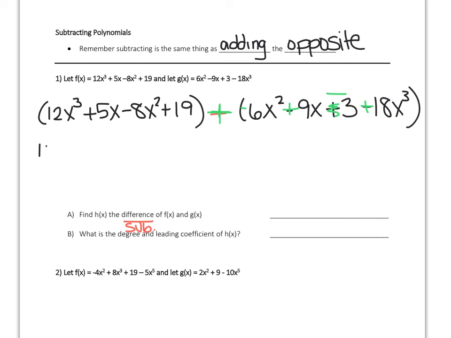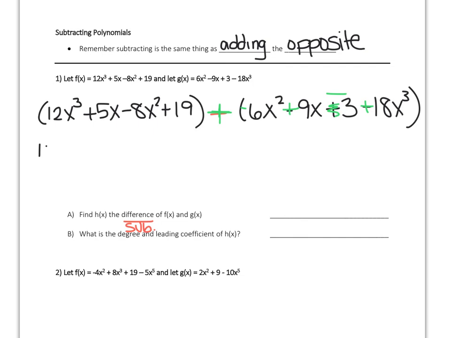And then last but not least is 19, which is the numbers, constants, 19 plus a negative 3, or in other words, 19 minus 3, which is a positive 16. So this is our final answer, which we can write as h of x. So h of x is equal to 30x to the third minus 14x squared plus 14x plus 16.